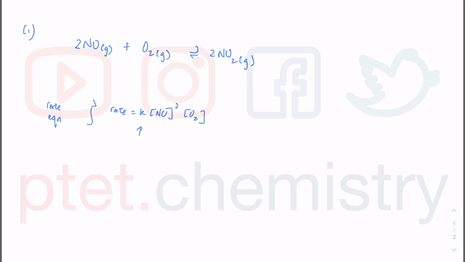That is what you call the rate constant. And the power to which you must raise the concentration of each reactant is called the order. This is the order with respect to the concentration of NO, whereas this order, which is not shown here, cannot be 0 and doesn't show any number, so it means it's to the power of 1, and that is the order with respect to the concentration of O2.